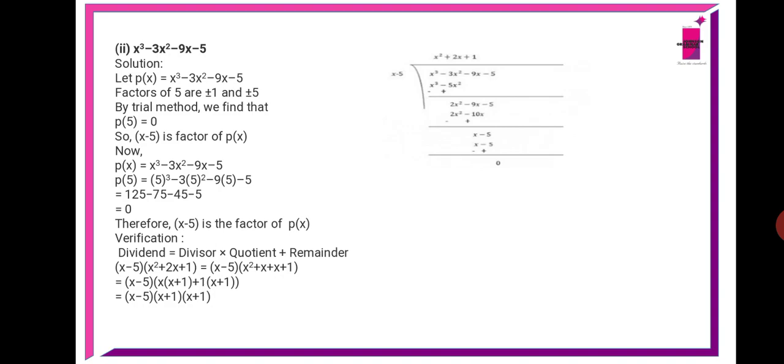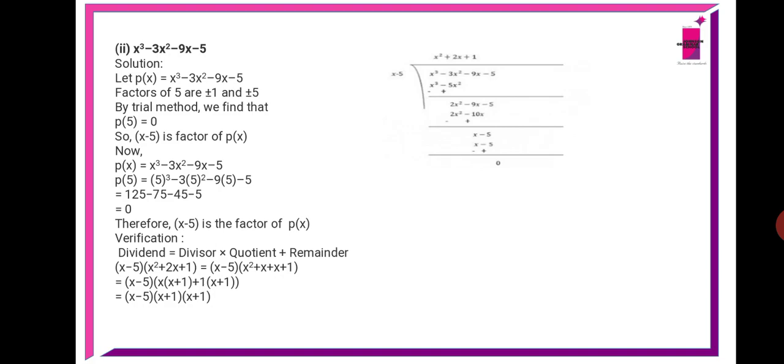So x cube minus 3x square minus 9x minus 5. Here also we are checking with the trial method, plus 1 or minus 1. So here plus and minus 5. So we have checked with 5, I got 0. So x minus 5 is a factor.